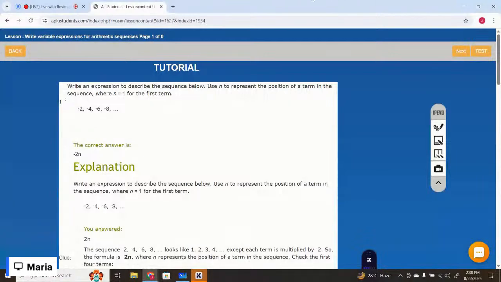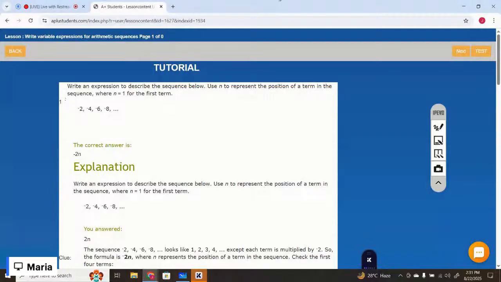Write an expression to describe the sequence below. Use n to represent the position of a term in the sequence: negative 2, negative 4, negative 6, and negative 8. Negative 2 times 1 is negative 2.